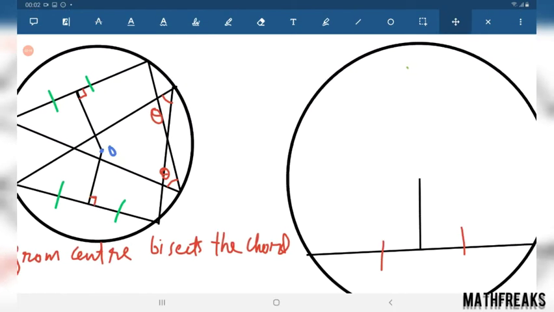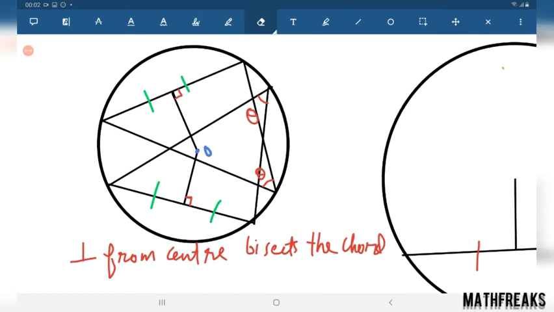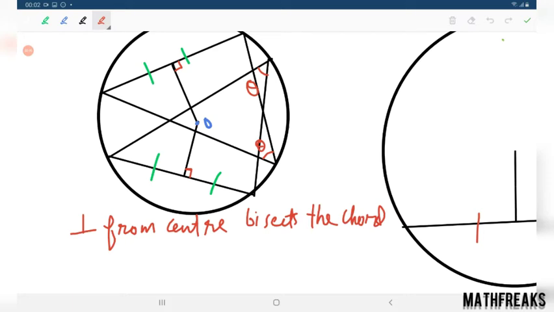Another important aspect of this diagram is the distance of two equal chords.